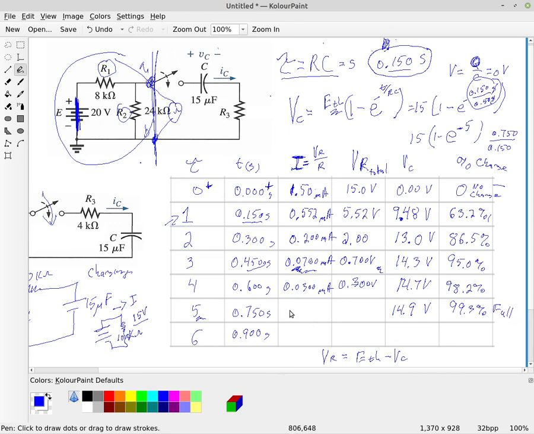That leaves about 0.1 volt across VR, and so our current is about 10 milliamperes.